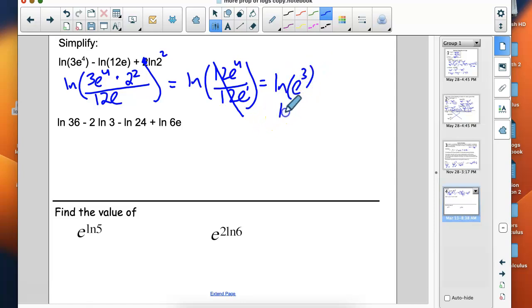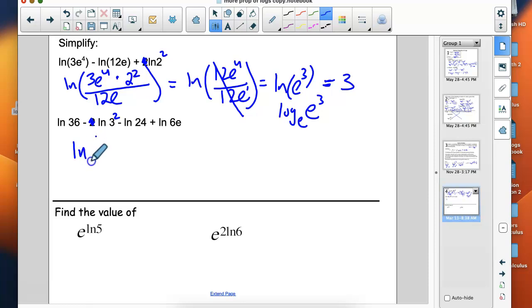And that is asking me what power of e gives me e to the 3rd. So even though I don't know much about e, I know that the power of e that gives me e to the 3rd is the 3rd power. That's it. All right, same thing here. I'm going to take the 2 and put it up there and make that a 9.